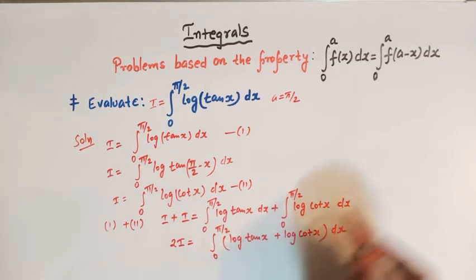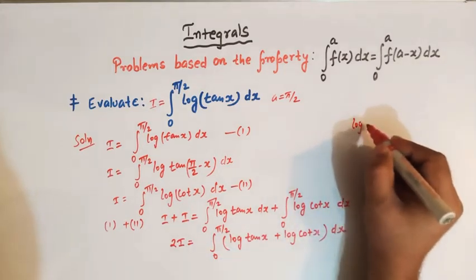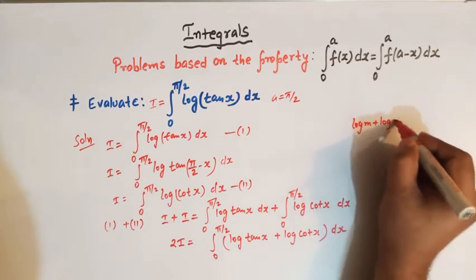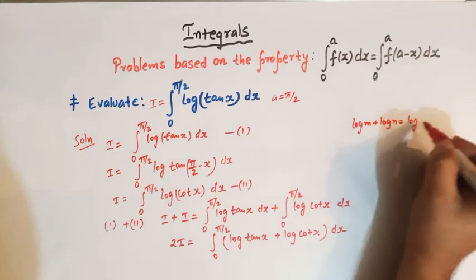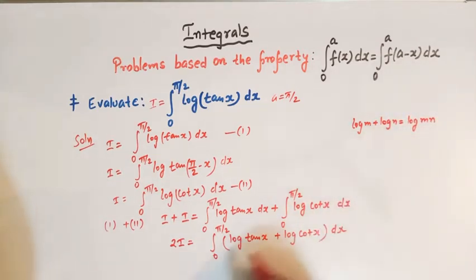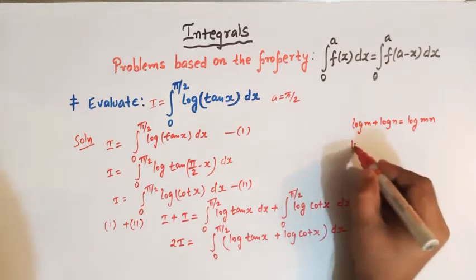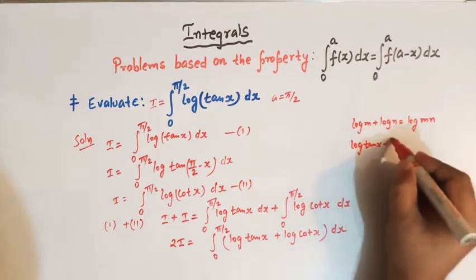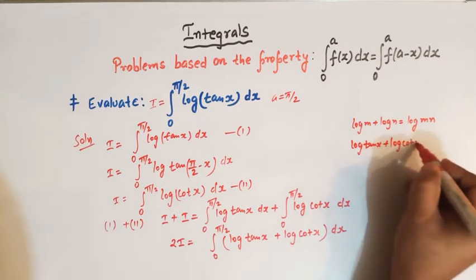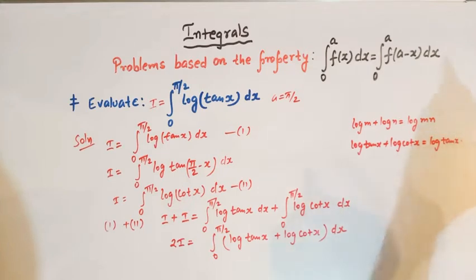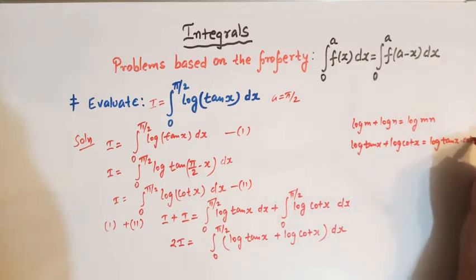Now we know the property that log m plus log n is equal to log of m into n. So log tan x plus log cot x is equal to log of tan x multiplied by cot x, right?